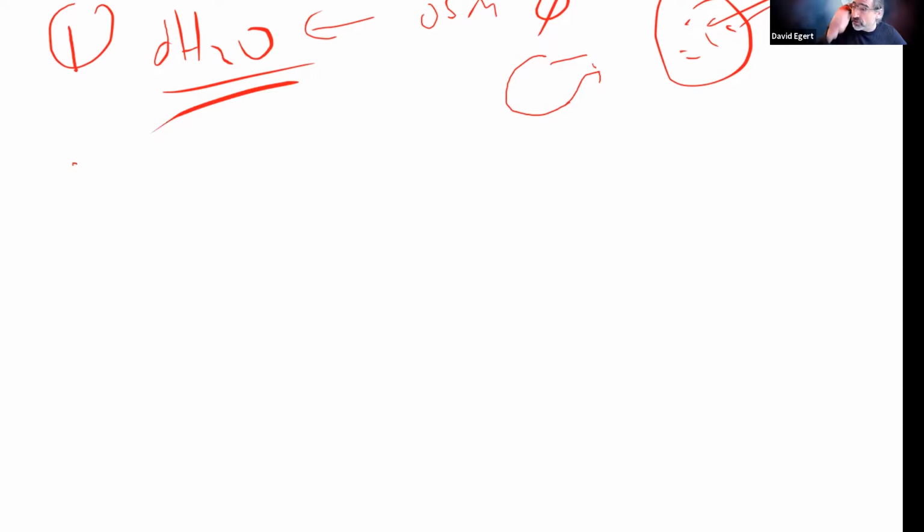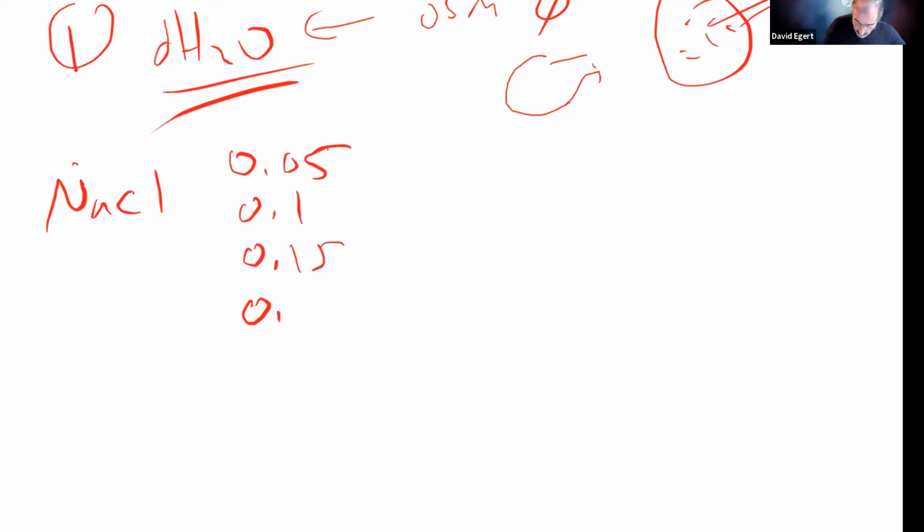Then we started getting the salt solution, NaCl, and we had 0.05, 0.1, 0.15, 0.3 molar. In each of these cases, what's the osmolarity going to be?